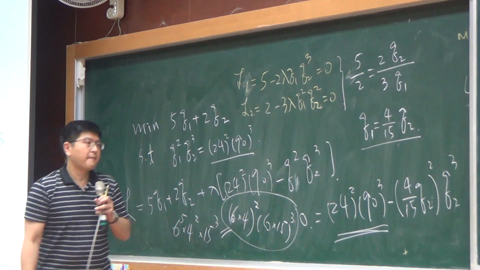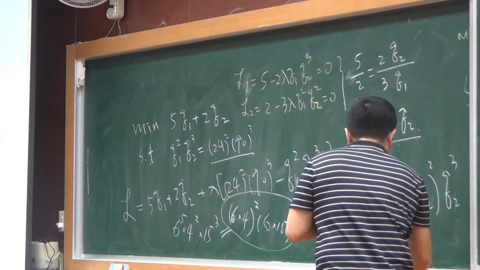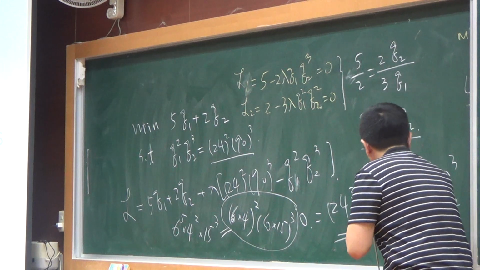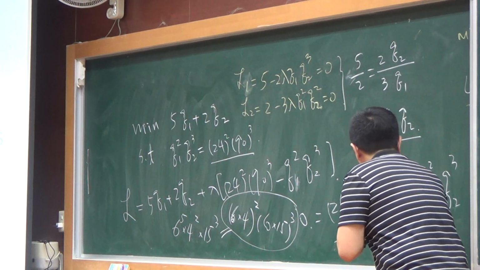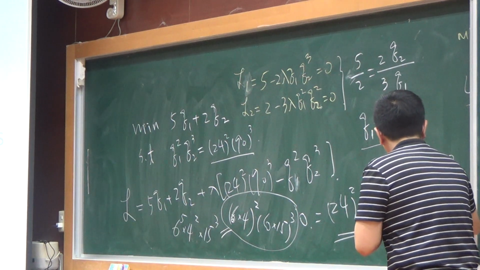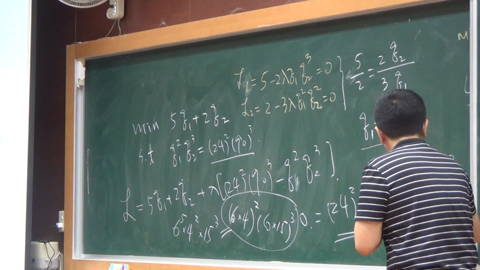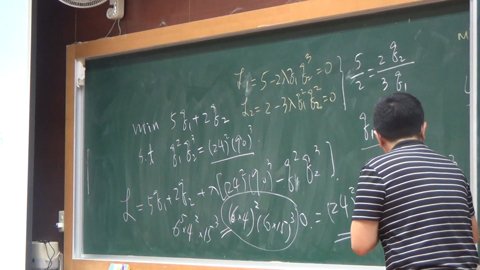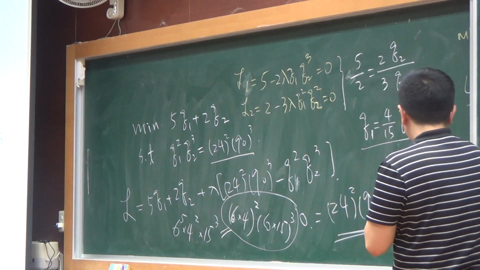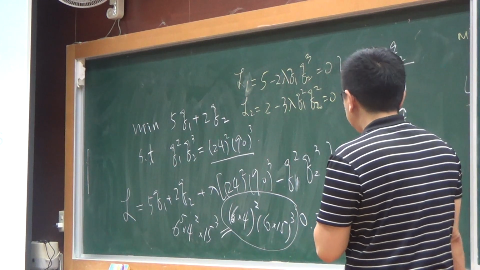The requirement. And here we have Q2 to the power of 5 and 4 to the power of 2 and 15 to the power of 2. So they have to be the same.